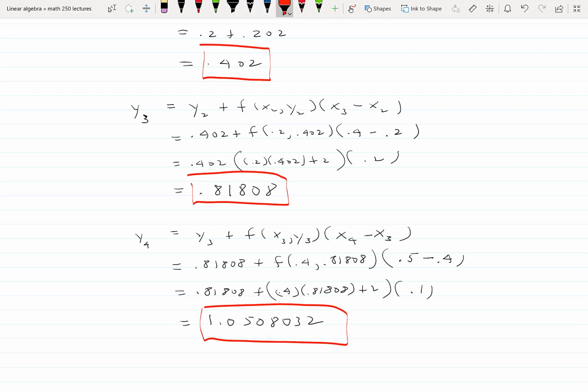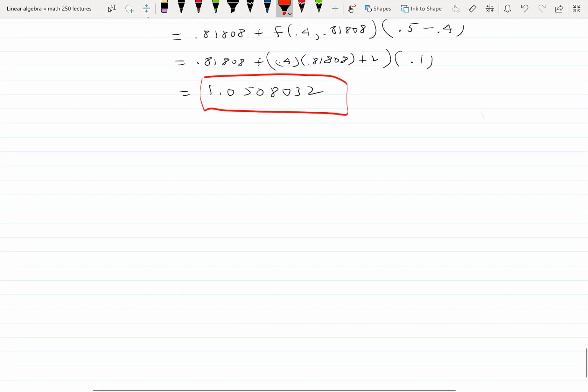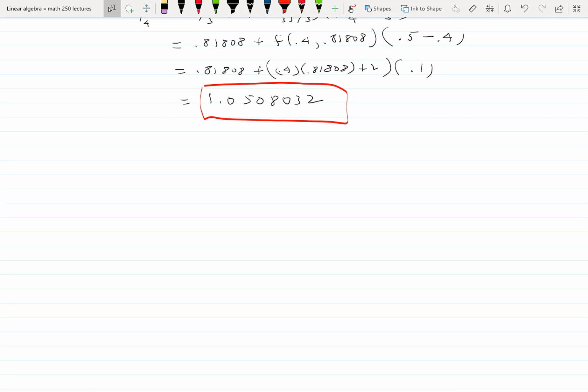I want to do something that your author doesn't spend too much time doing, and I'd like you to study this example and try this on your homework as well. I want to estimate error. I want to see what's going on with the error. So I'm going to find the exact solution, and fill in that little chart that I had before with error values.